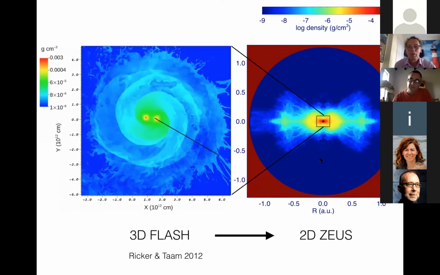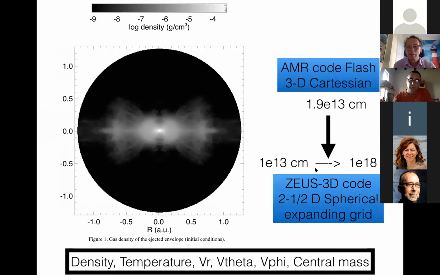We had to do it in 2 dimensions because the evolution time is quite large. We cannot do it in 3D, and we also need to change our grid from 10 to the 13 centimeters to 10 to the 18, so it's 5 orders of magnitude. This is hard to do in 3D, but in 2D it's very easy because we can expand the grid in spherical coordinates.